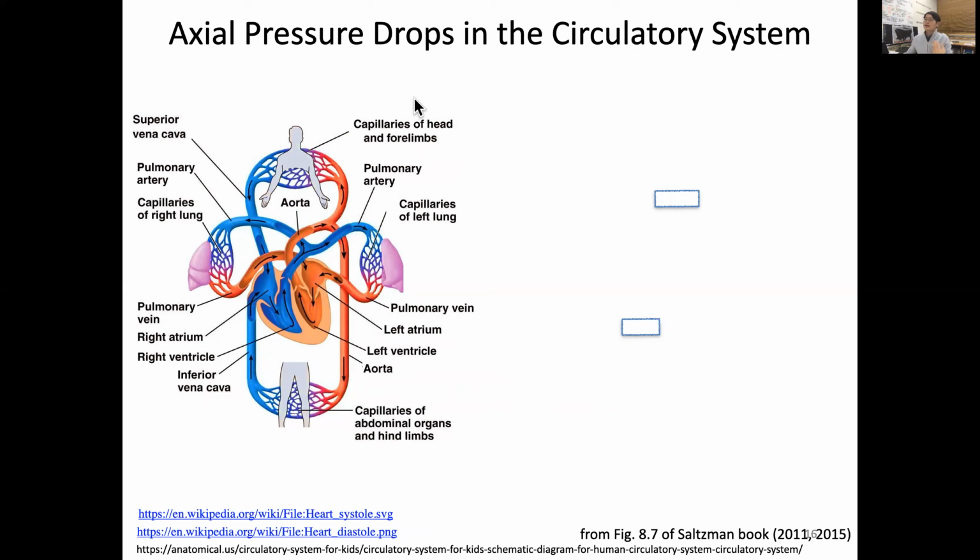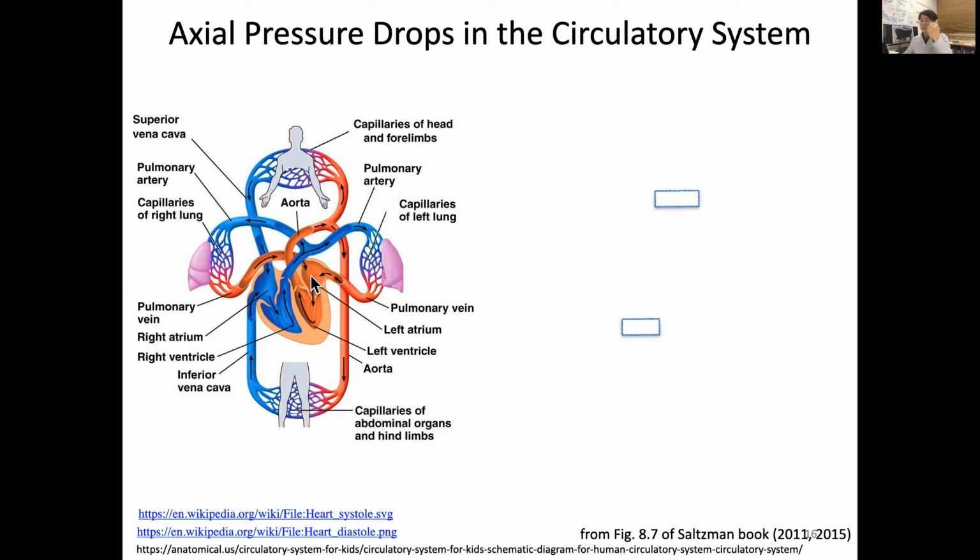So let's come back to review the actual pressure drop in our circulatory system. Look at our heart, and let's start with the right atrium. The right atrium collects the deoxygenated blood into the right ventricle, which pushes this blood to the lungs through the pulmonary artery. The blood is oxygenated and comes back via the pulmonary vein to the left atrium.